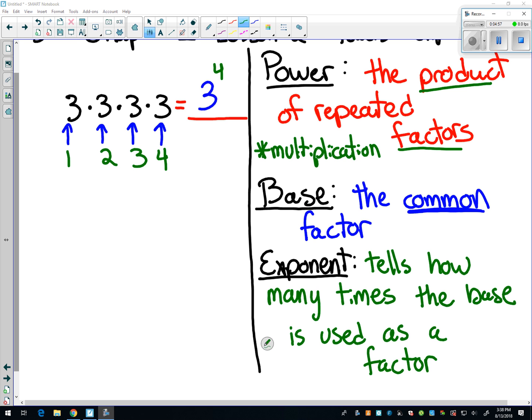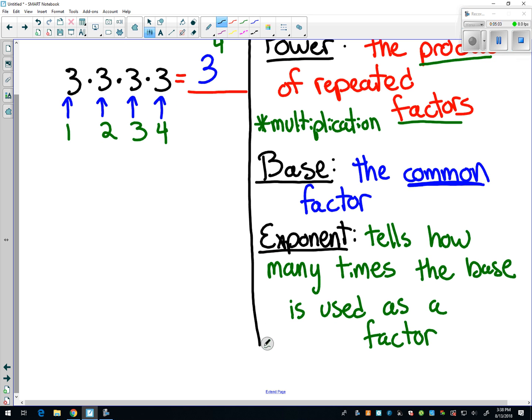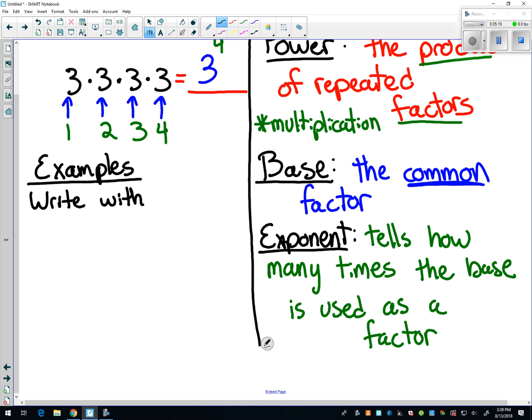So let's go into a bigger example. We're going to officially start our examples. In the examples, we're going to start with the following: write with exponents. So we're going to take an expression and rewrite it using exponents.